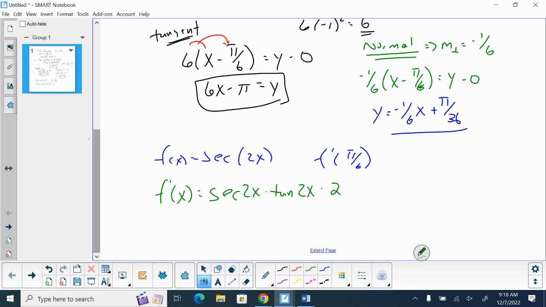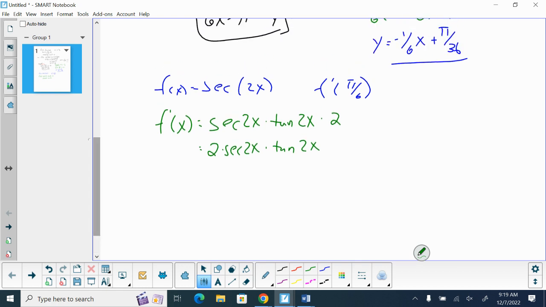So we have 2 times secant 2x times the tangent of 2x. Now we have to calculate the value at pi over 6. So substituting in pi over 6, we have 2 times the secant of 2 times pi over 6 times the tangent of 2 times pi over 6.